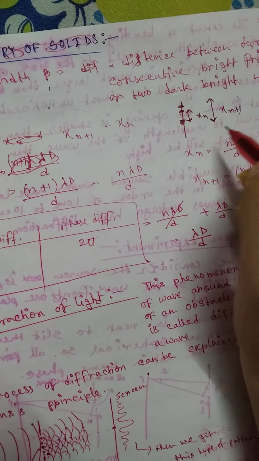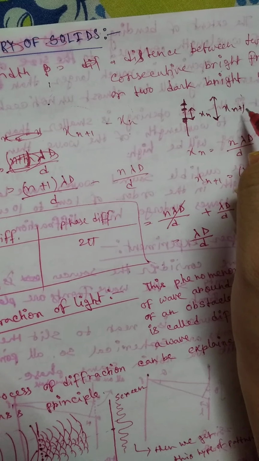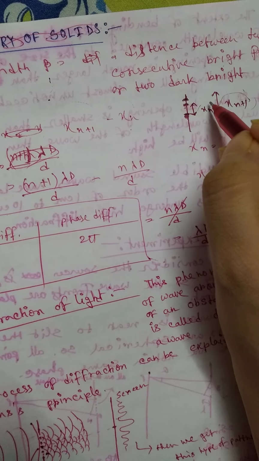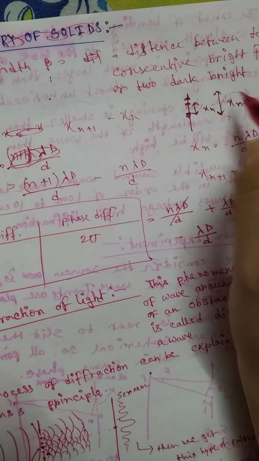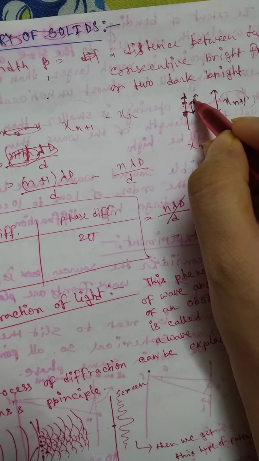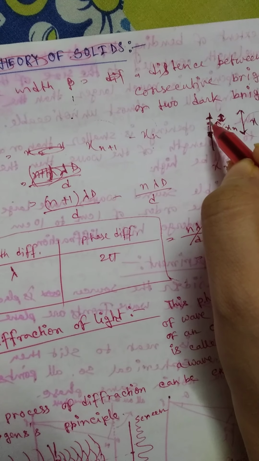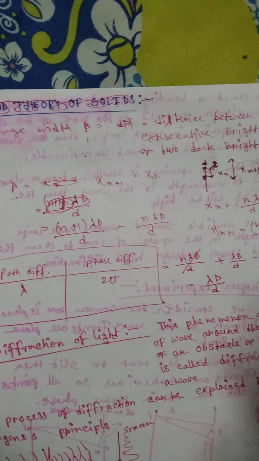If we subtract xn from xn plus 1, we get this portion, which indicates the width of the fringe.